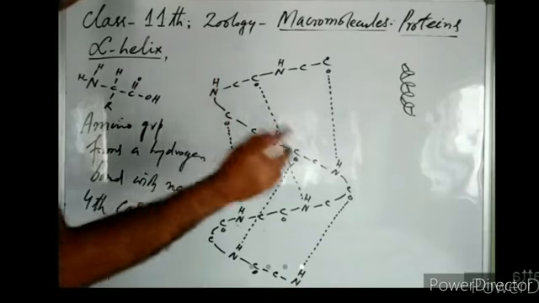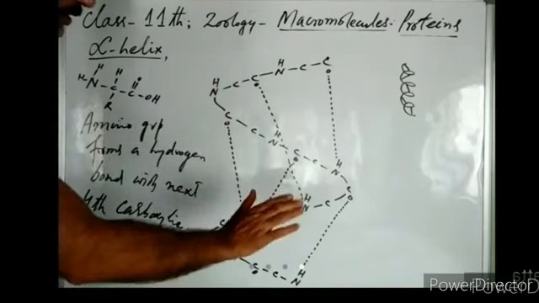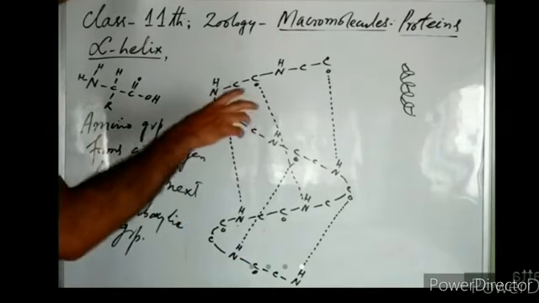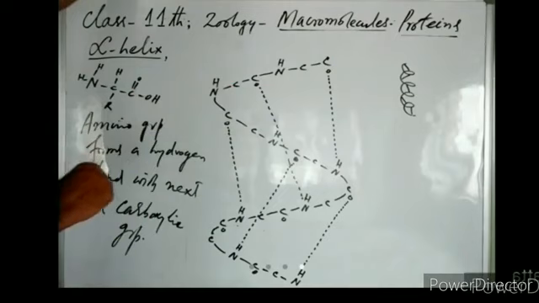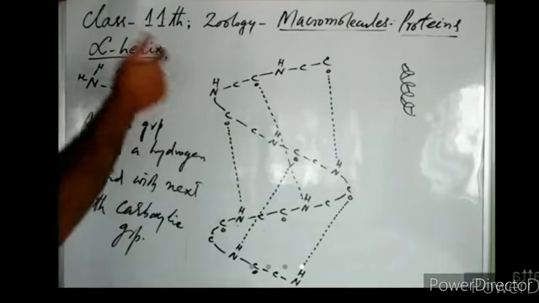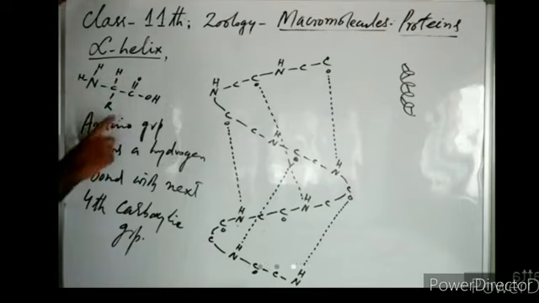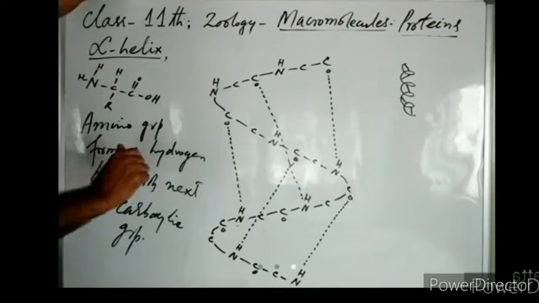It turns rightwise. So when it assumes a helical shape around an imaginary axis, what maintains its helical form? Its helical shape is maintained by hydrogen bonds formed between the first amino group and the next fourth carboxyl group.